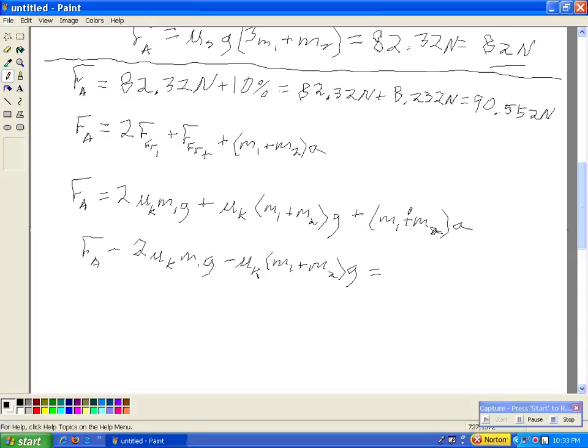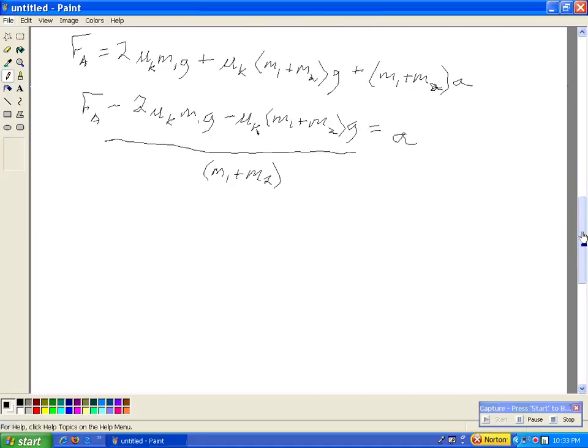And that equals m1 plus m2 times a. I'm going to divide both sides by m1 plus m2. That equals a. Alright, now we can plug in all the numbers.